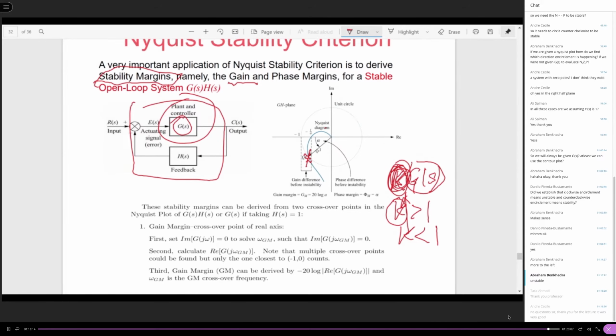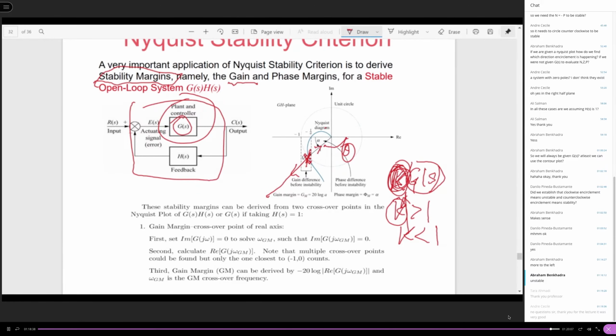So this crossover point's phase is this angle, let's say theta. You increase or decrease the K, it does not change this phase. The only thing you change is the magnitude. So you're going to see this point move along this line, either in this direction or in this direction.